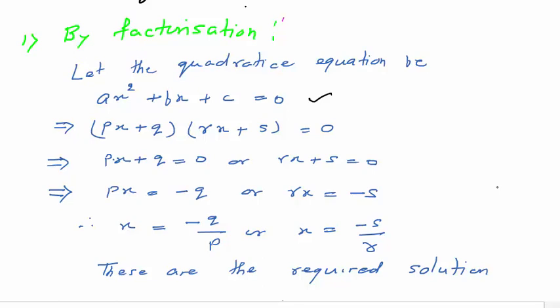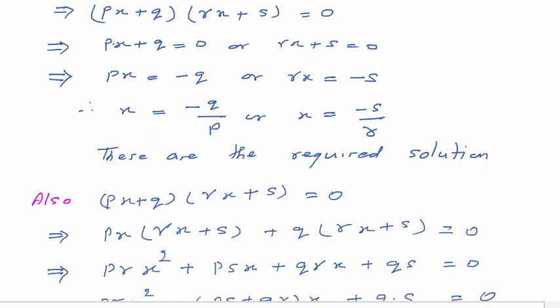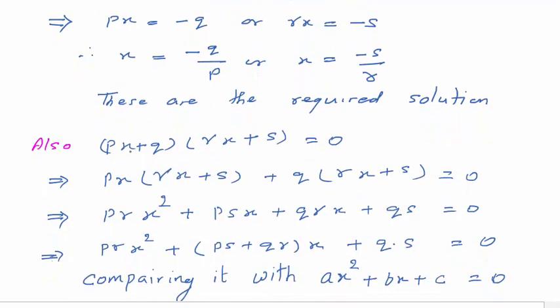So this is how we have to proceed. We have to factorize this ax square plus bx plus c in px plus q into rx plus s form. Now how we have to do that? Let us see that thing first in reverse order. In reverse order means let us assume that we have the factor px plus q into rx plus s equal to 0. Now when I expand this, I will get px into rx plus s plus q into rx plus s.